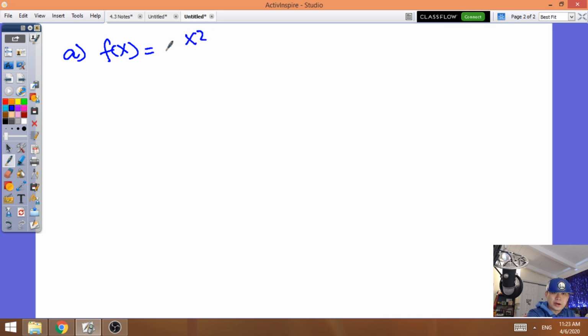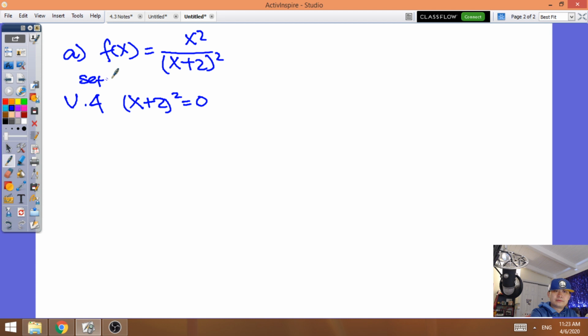So we have x squared over the quantity x plus 2, squared. Once again, the first thing you want to find is the first derivative. You need to find the VA and HA. To find the VA, you set the denominator equal to 0.